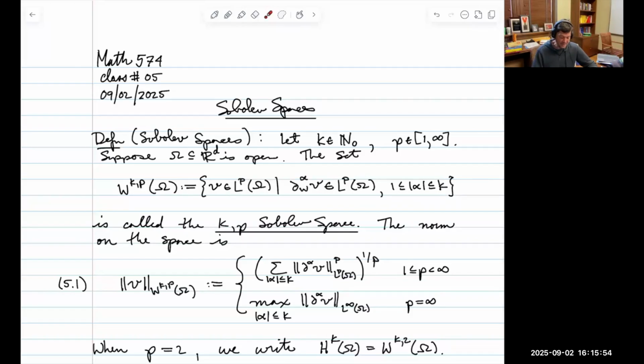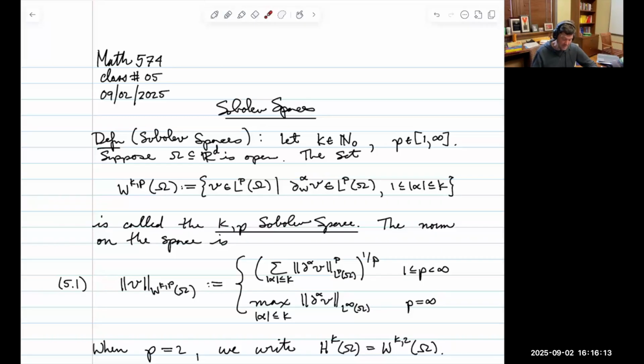Again, they're spaces of functions which are LP functions, such that the weak derivatives exist and are also themselves LP functions for all weak derivatives up to and including the kth order derivative. Okay, these are the KP Sobolev spaces.